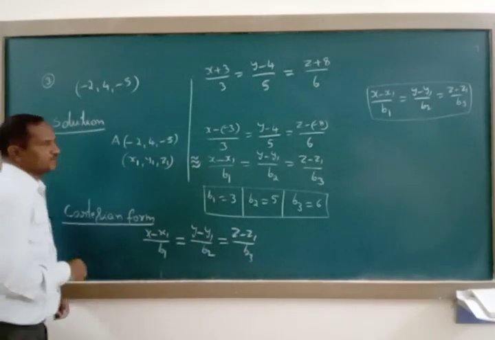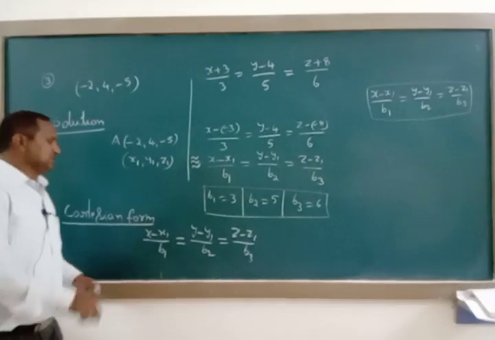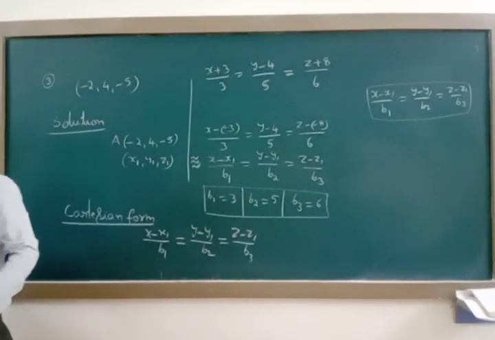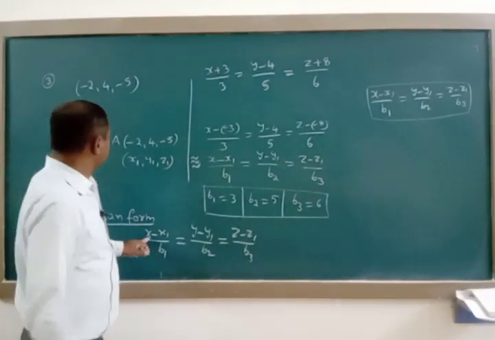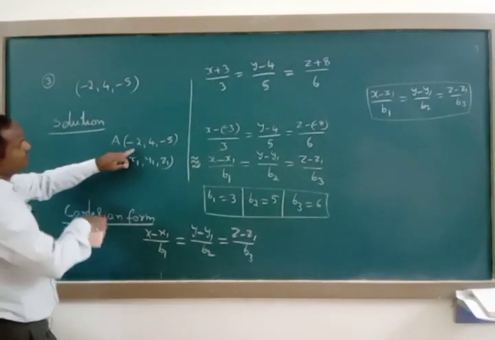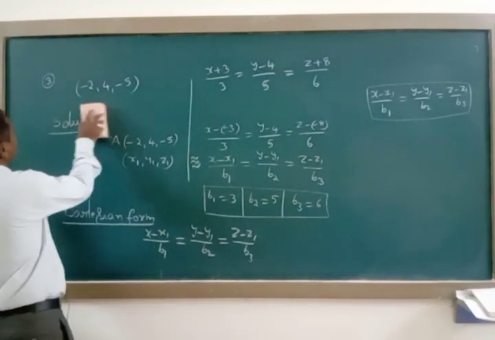In this formula, substitute all the 6 values here. See here, x1, y1, z1 is minus 2, 4, minus 5. Substitute all the values here.